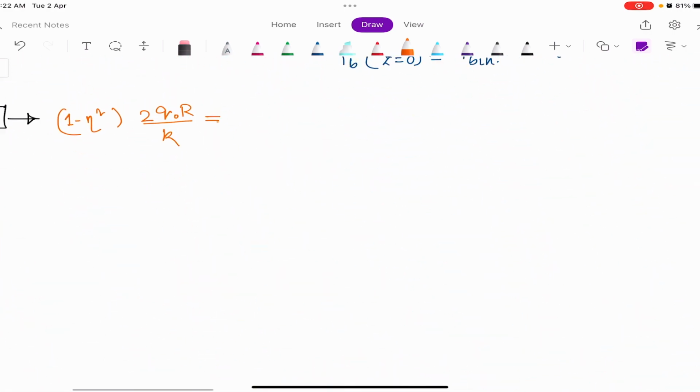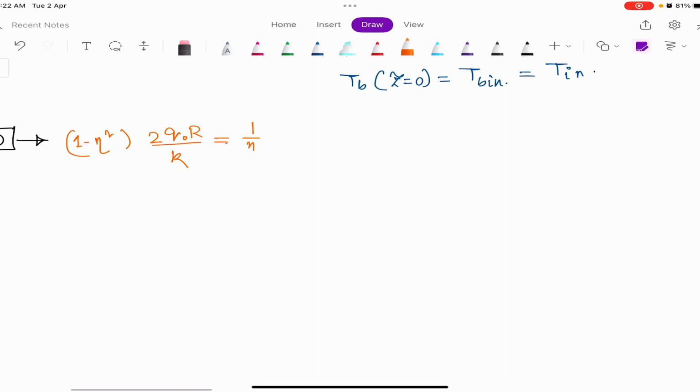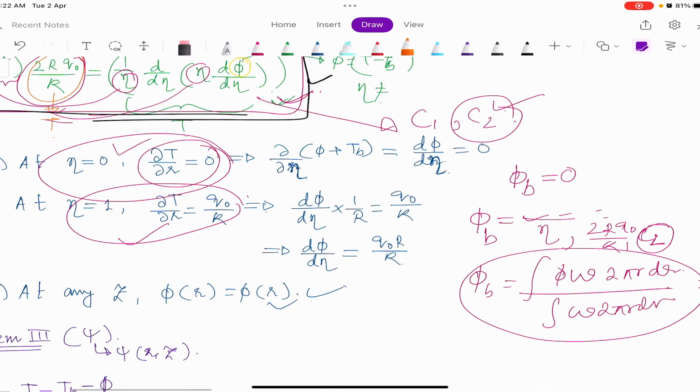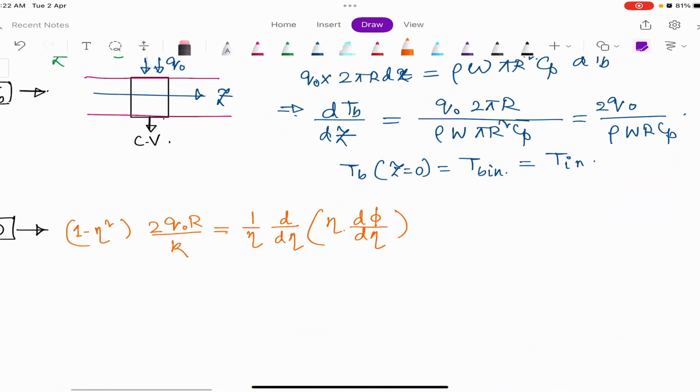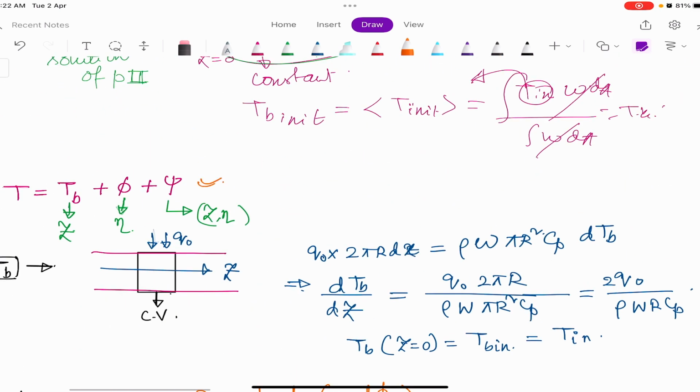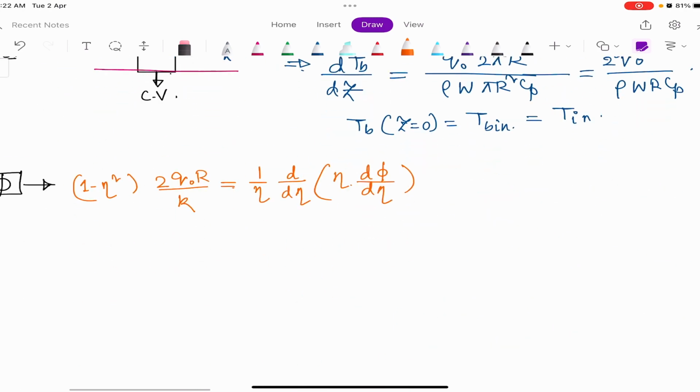Now this I can remember. Only this, I think nothing more was there. And what was this phi? This phi we can know from here: T minus Tb minus psi, this was phi.